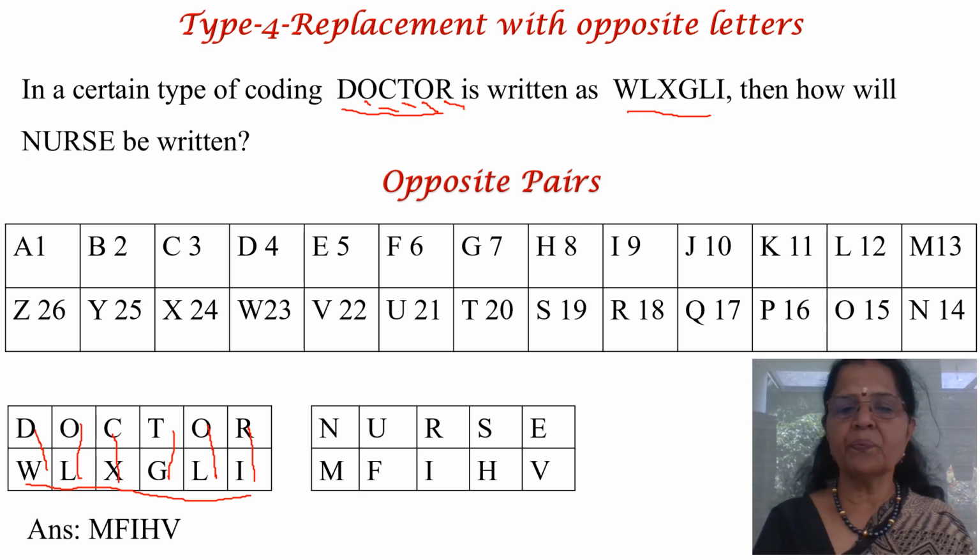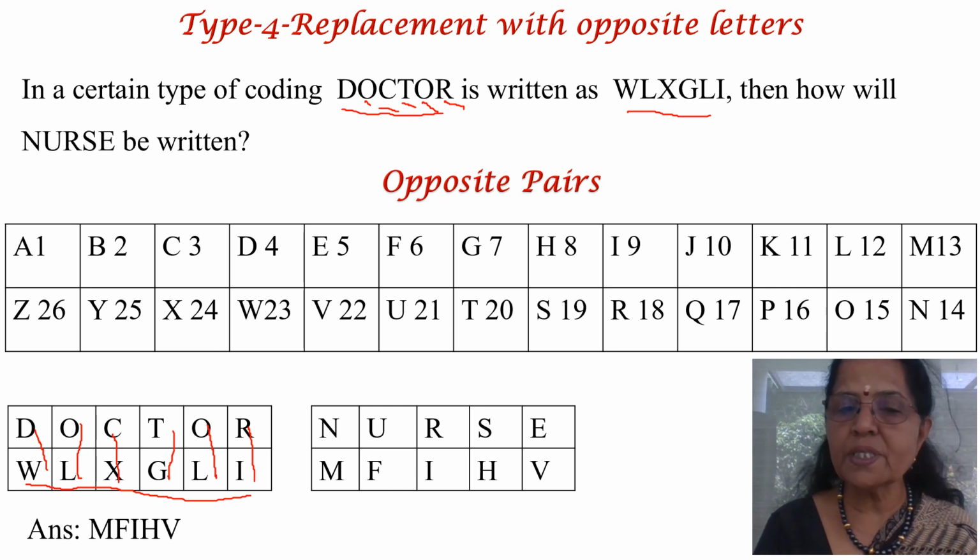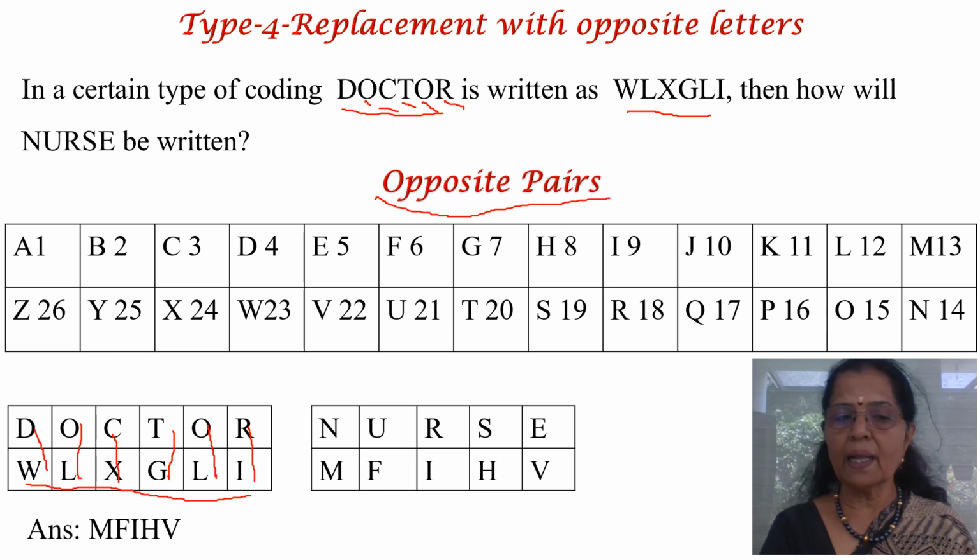See, we talked about opposite pairs. Remember in the last video, I told you that in the 26 letters of the alphabet, you have sets of two which are opposite pairs. How to find out the opposite pairs?